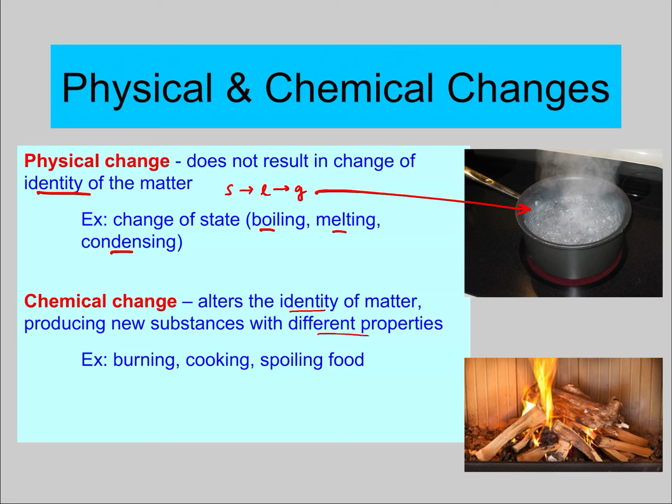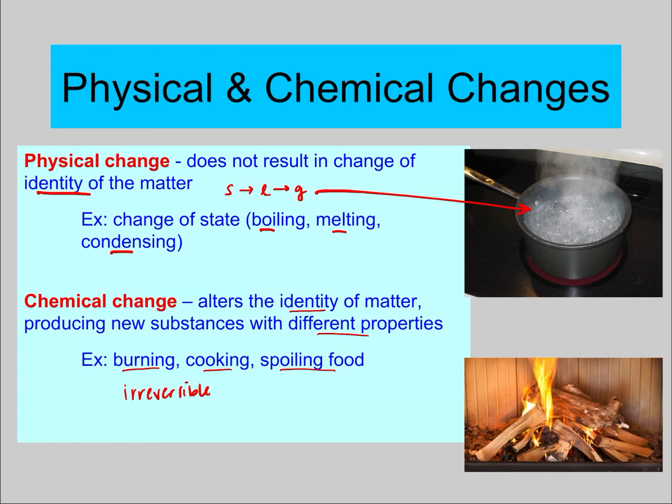Most commonly the examples we think about are burning, cooking, and spoiling food. Those are all examples of chemical changes. The other thing about chemical changes is that they tend to be irreversible. If I'm cooking something, I can't uncook it. Once it's cooked, it's cooked. You can't unboil an egg. You can't unspoil food. You can't unburn wood.